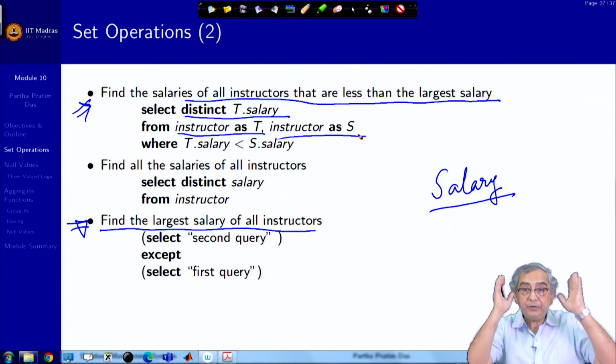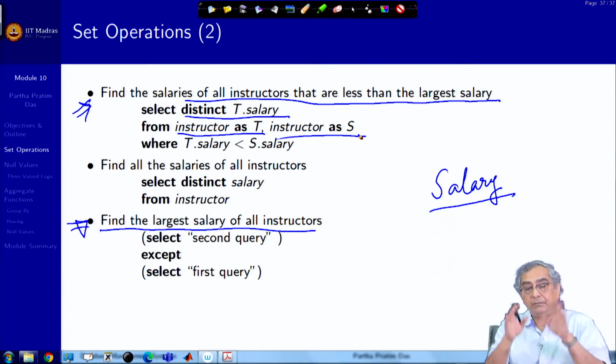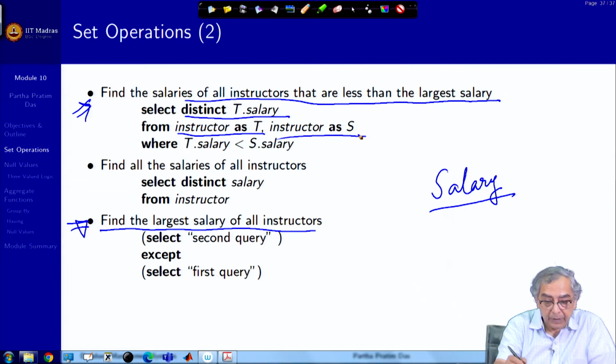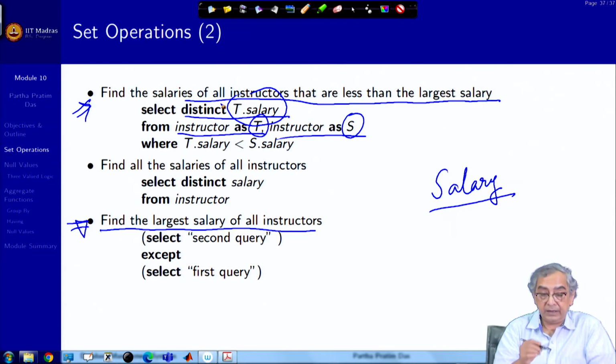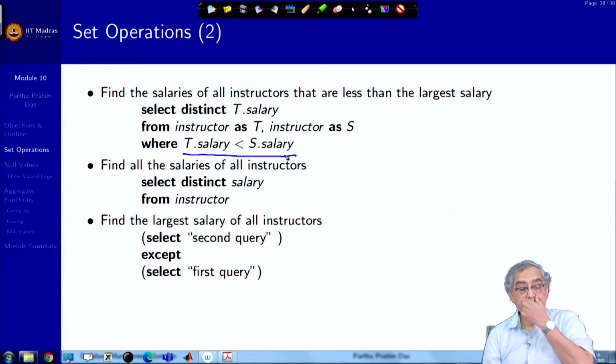I have to do a Cartesian product, not the natural join, it is a theta join. So, I take the instructor as T, as S, and suppose I am taking out T.salary in distinct terms. What is the condition? Condition is T.salary is less than S.salary.